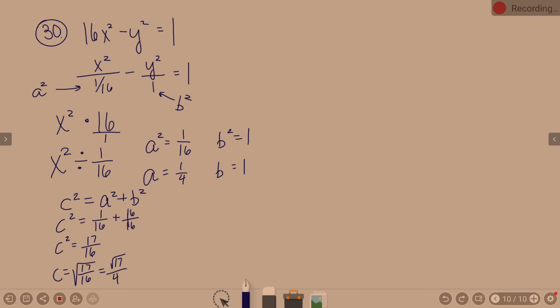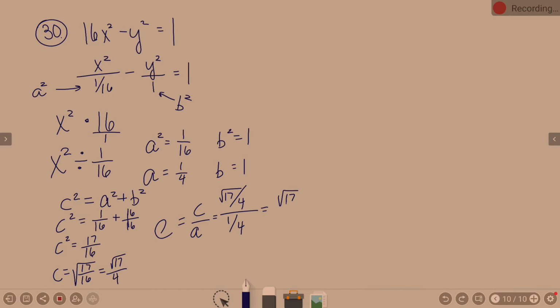Or I would say 1 and 1/16 and make it improper. I don't know, whichever way your brains work better. So officially you had to find eccentricity, so c over a, square root of 17/4 divided by 1/4.